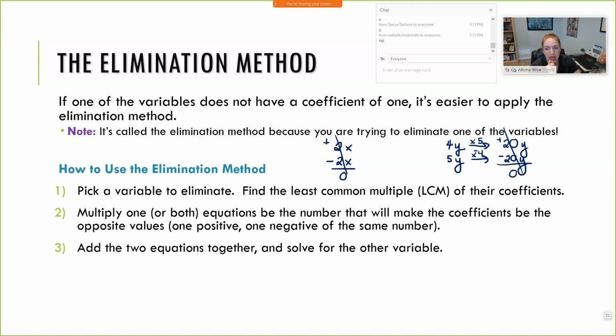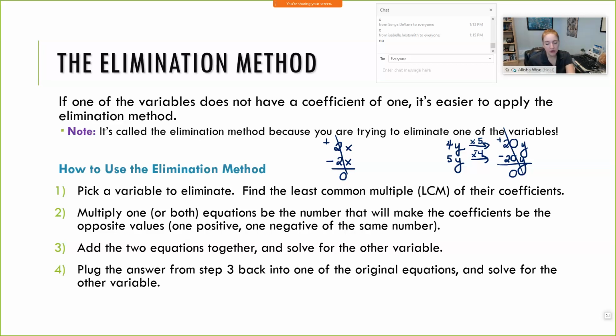And then after that, once you multiply either one or both of the equations, you're going to add together the two equations. And what'll happen is a bunch of stuff will cancel and then it'll be really easy to solve. Super easy to solve.